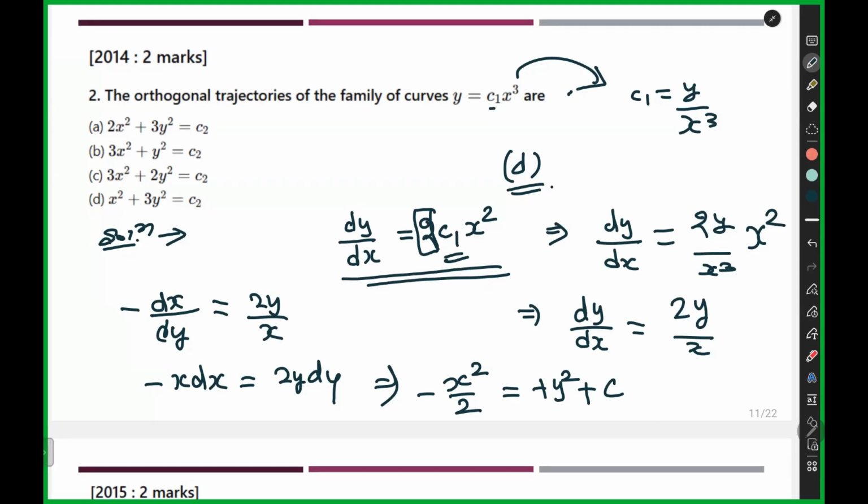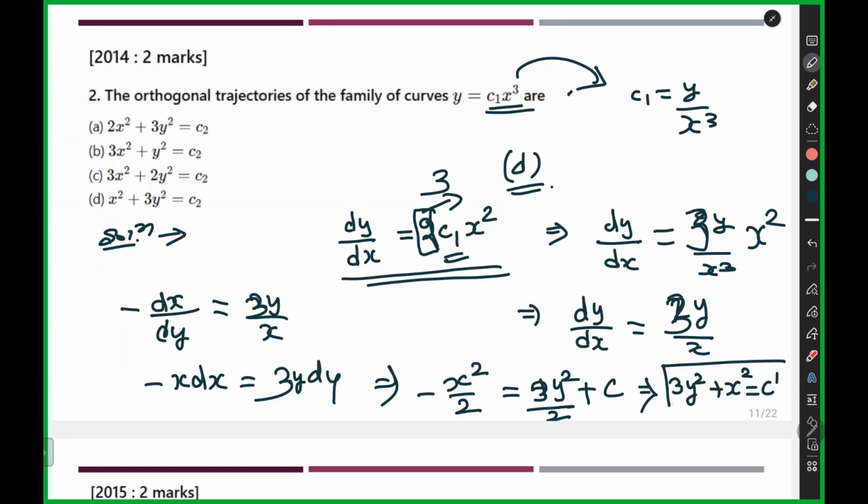It was c1 x to the power three, cube. So it should be 3. Okay, so I can simply replace this by 3, and again it is 3y square by 2, which is something like 3y square plus x square is equal to some new constant. Okay, so the answer is option D. Is it clear to everyone?